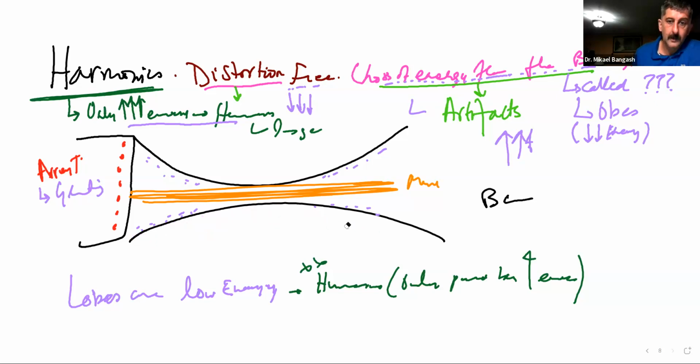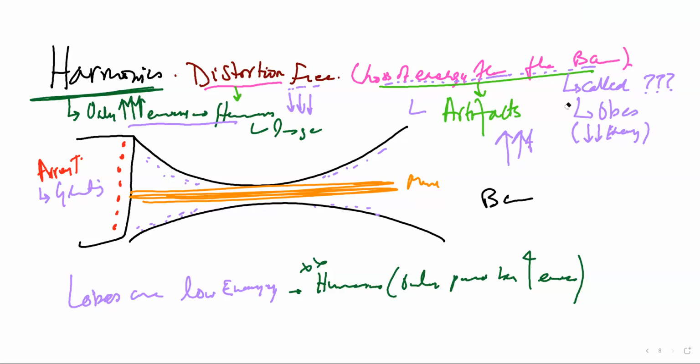If we have no lobes, then there will be no artifacts of the lobes. Or it can also be because generally speaking, it's only going to be high intensity signals, great amplitude signals, great power signals that will produce harmonics. Is that clear? Yes.